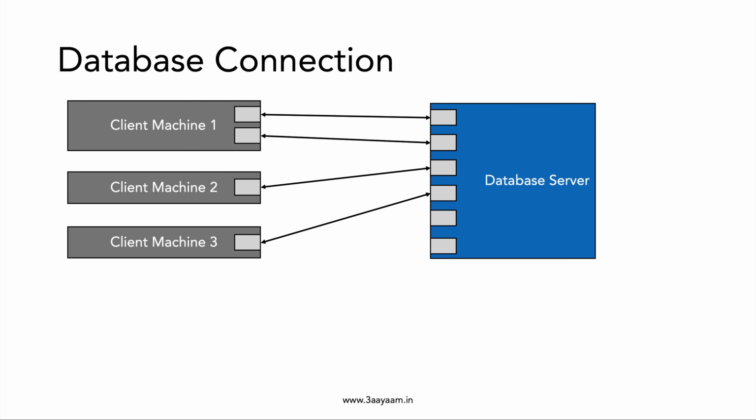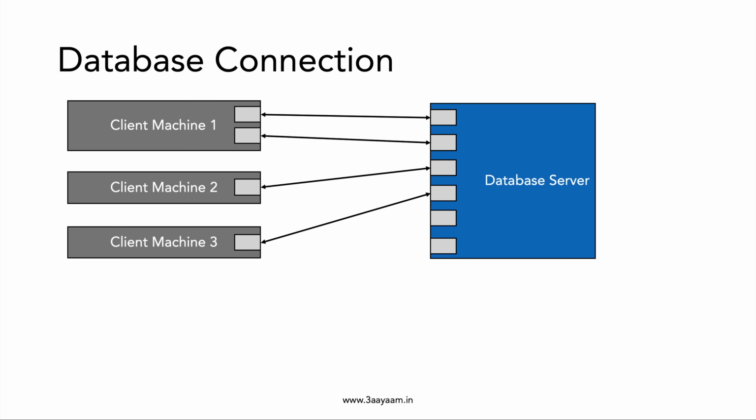It is a communication channel between the client machine and the database server. And also connections have a certain amount of overhead because these are all network sockets, software sockets, which are being opened in the client machine or the database server. And there would be one thread or process that would be handling that network IO, and that process would have CPU and RAM requirement.